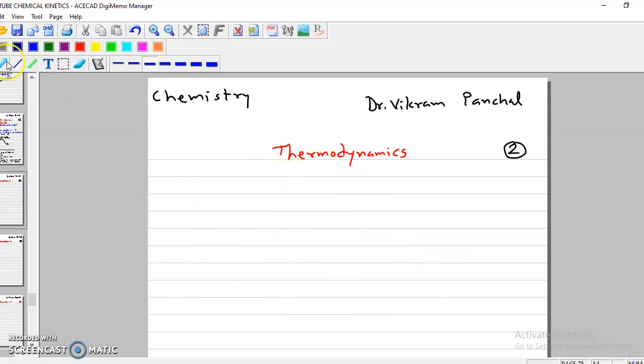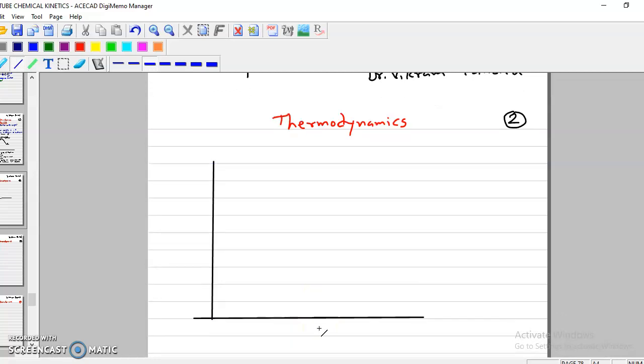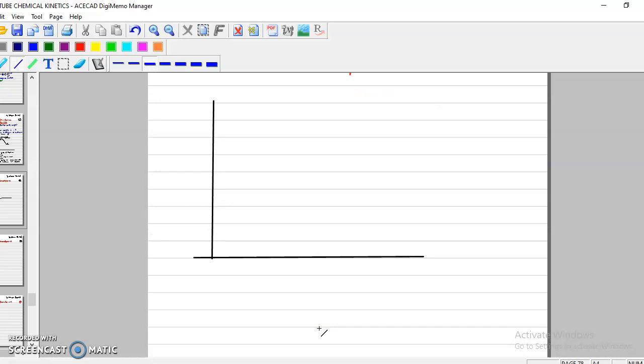Now for an exothermic reaction, let us see this one. Again we will draw a graph of energy versus progress of reaction.